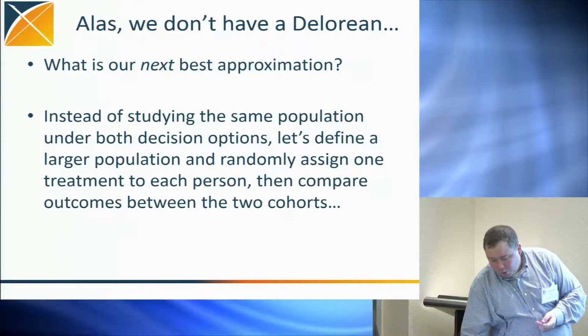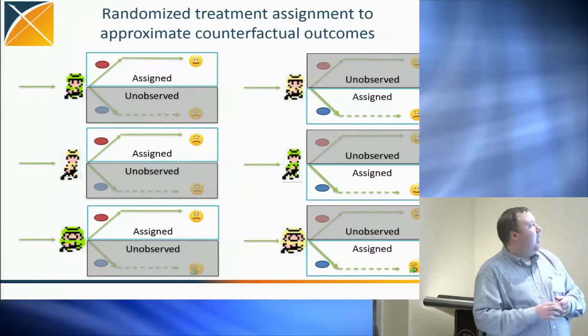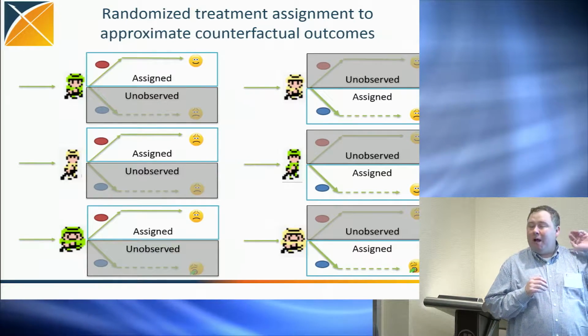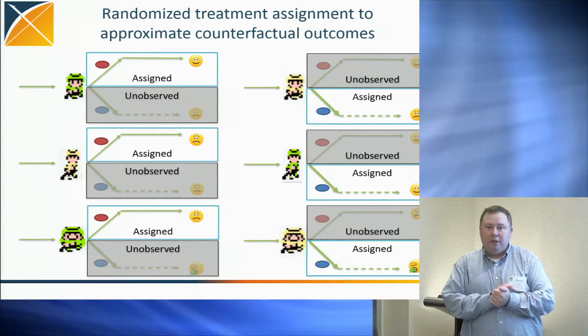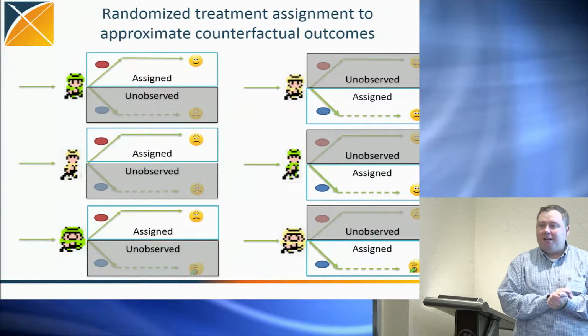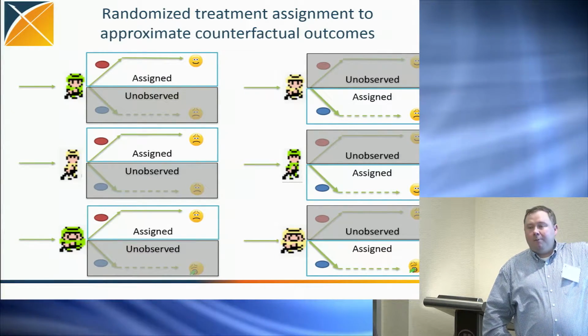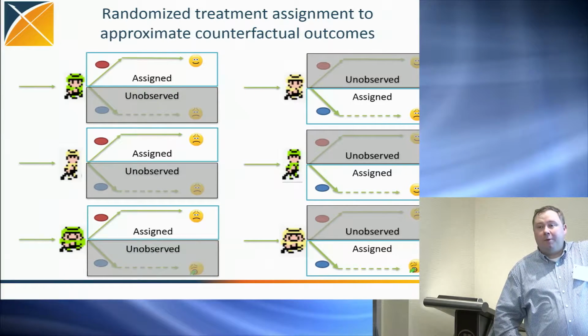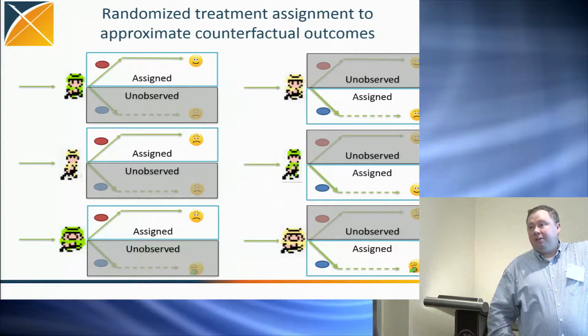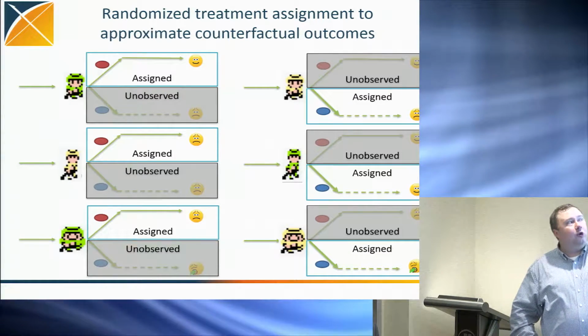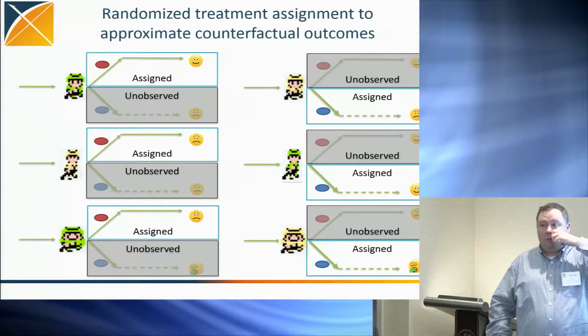And so what we could think about is having a set of people randomized to take the red pill and a set of people randomized to take the blue pill. And in that concept, a given person who has been randomized to get the red pill, you're going to see what happened to them after they took the red pill.